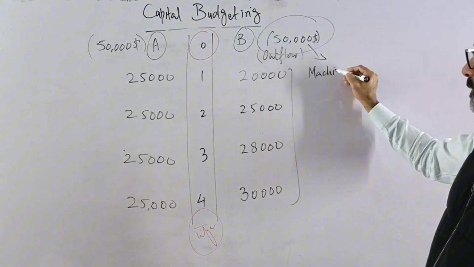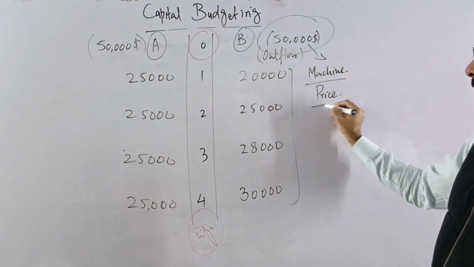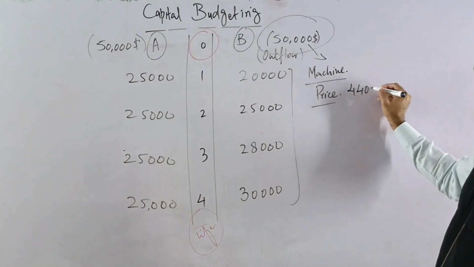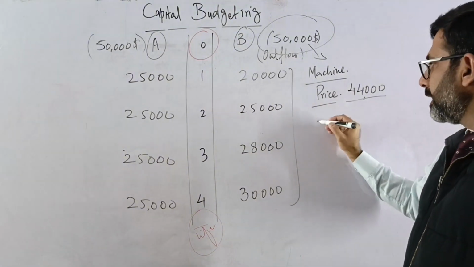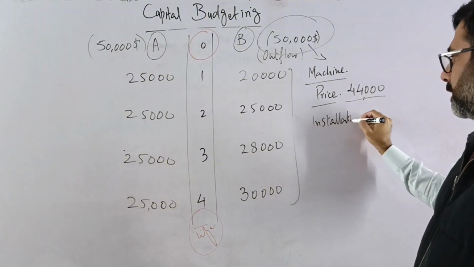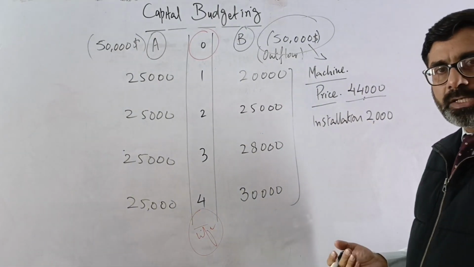So for this purpose, what will be included in that? The price of the machine. Let's say 44,000 is the total price of the machine. Then for this machine there may be some installation cost. Let's say 2,000 is the installation cost.